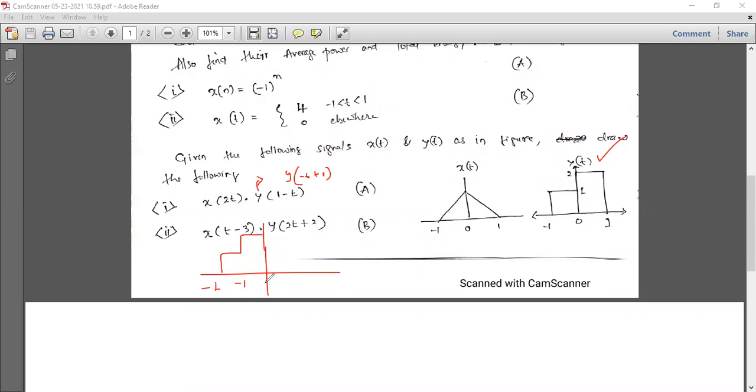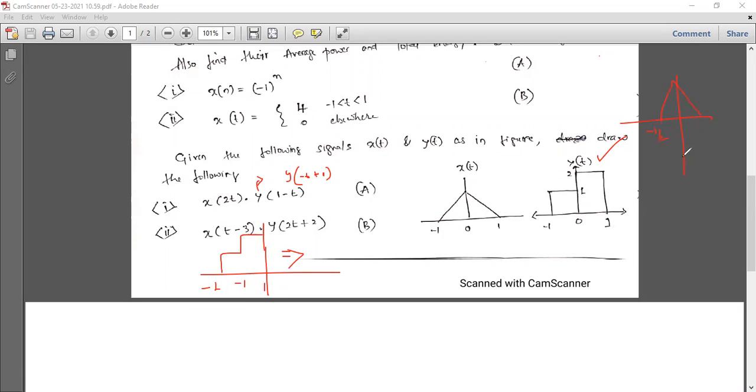Let us see now. First, you have to do the shifting, -t +1, to the left side. So this entire thing moves here. Then when you do the minus of this, you end up getting something like this. The first signal will be from -0.5 to 0.5.